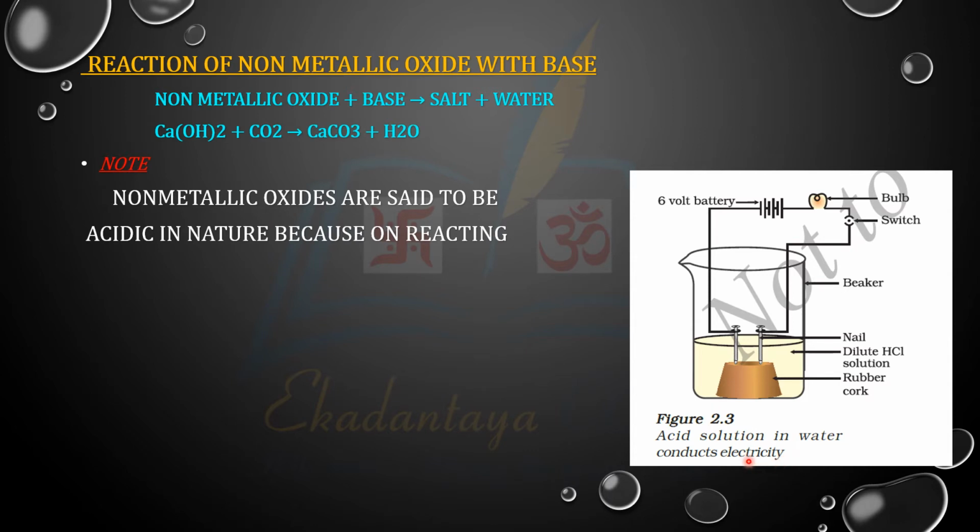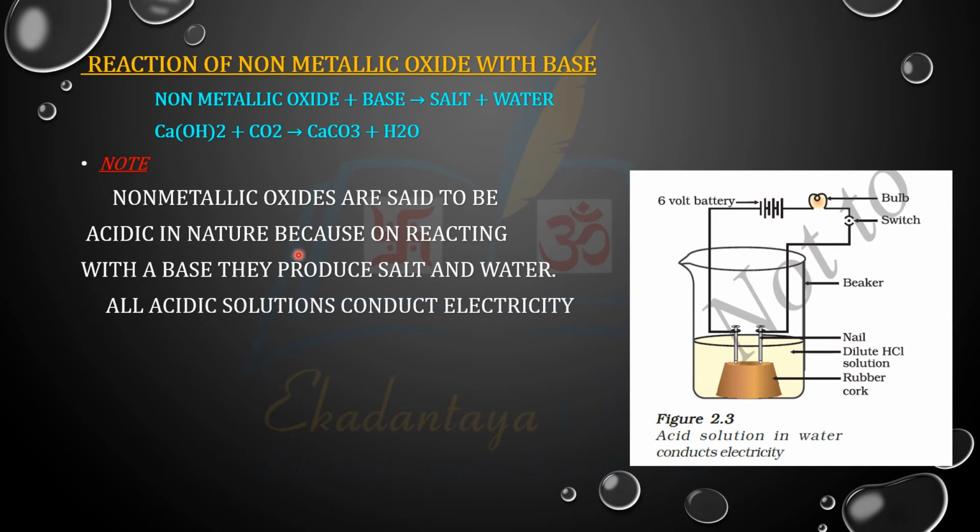Acid solution in water conducts electricity. Non-metallic oxides are said to be acidic in nature because on reacting with base they produce salt and water. All acidic solutions conduct electricity.